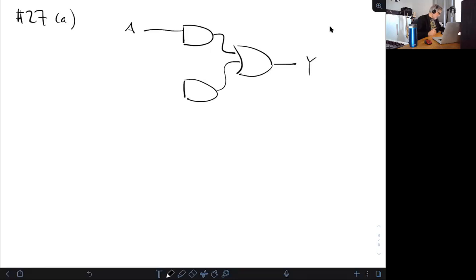This is A. I've got B like that. I've got C like that. Okay, hopefully you see what this looks like. And we're asked to write down a Boolean expression for this circuit.